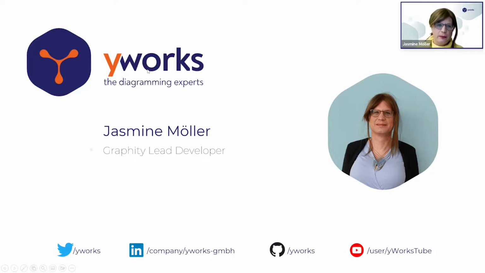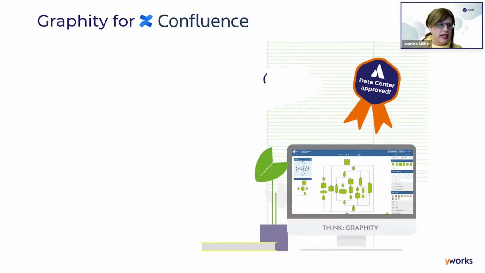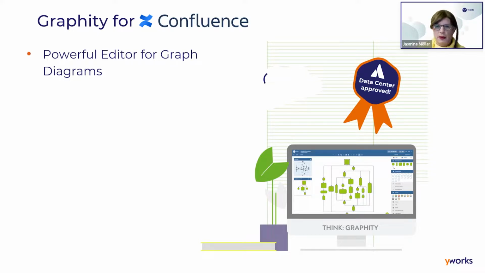My name is Jasmin Müller. I'm the Graphity lead developer here at yWorks. As the title says, I'm going to present the main new features in Graphity for the current major release. Just to bring you up to date, or set it into some context: Graphity is our powerful editor for graph diagrams.